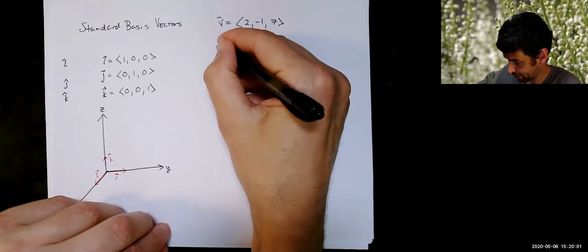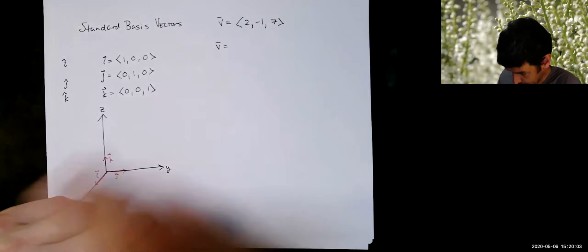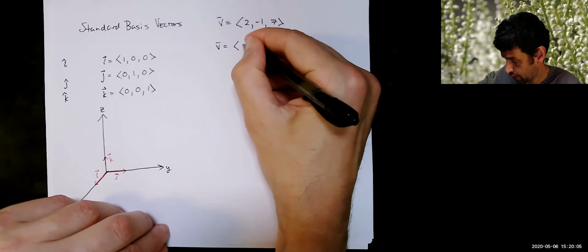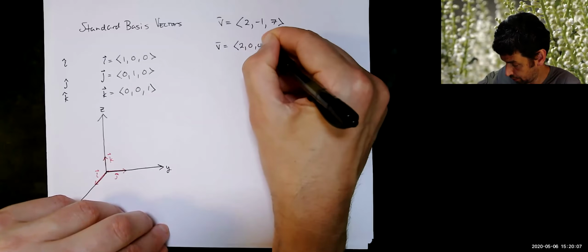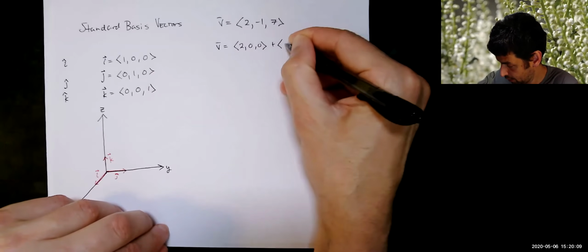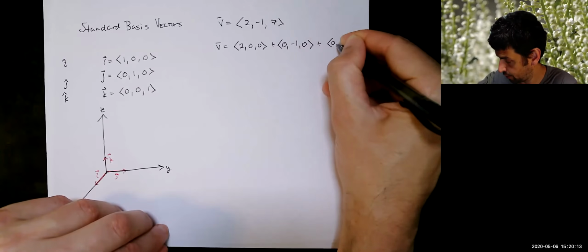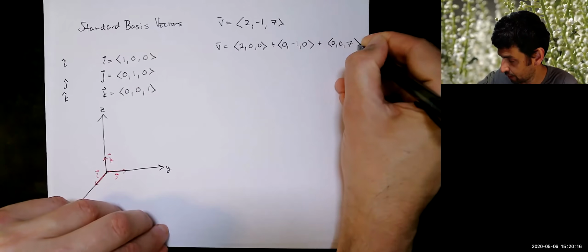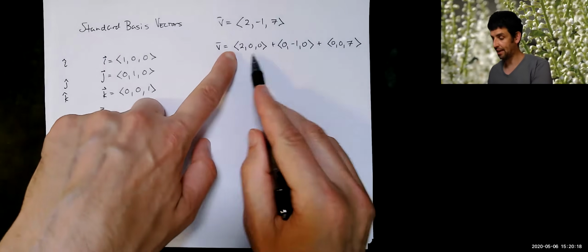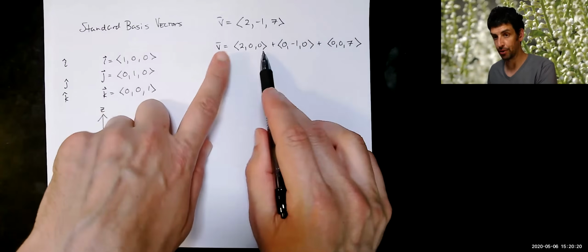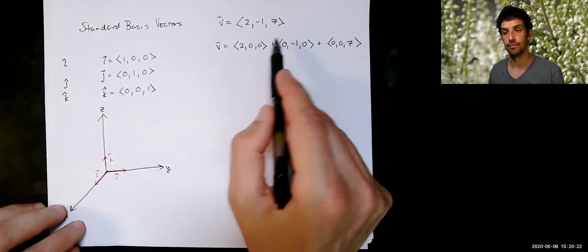I can think of this vector as 2, 0, 0, plus 0, -1, 0, plus 0, 0, 7, right? If I add these up component by component, I get the same vector.